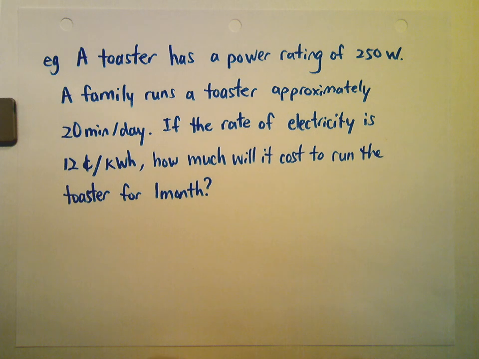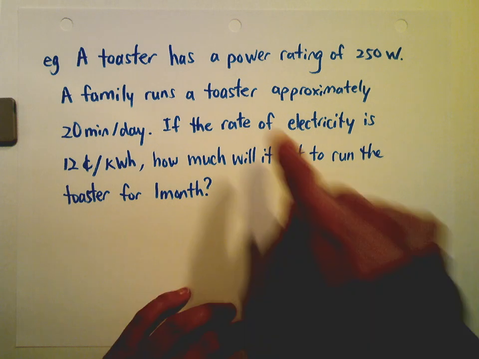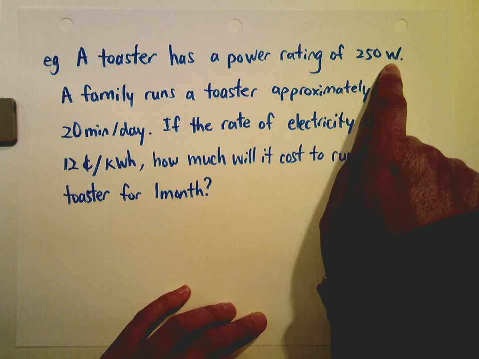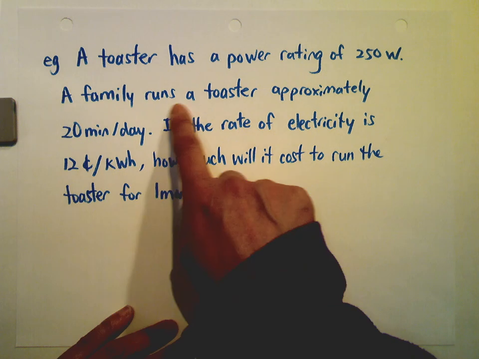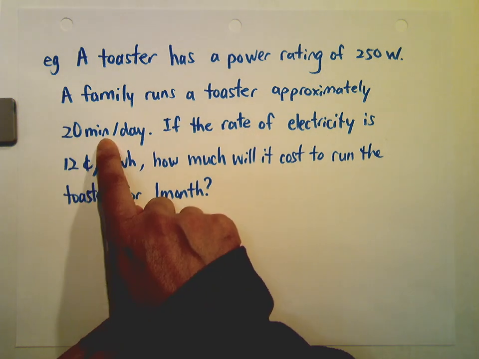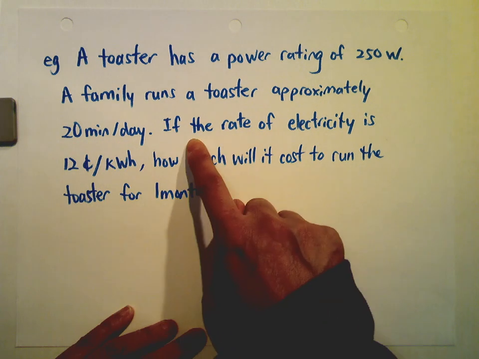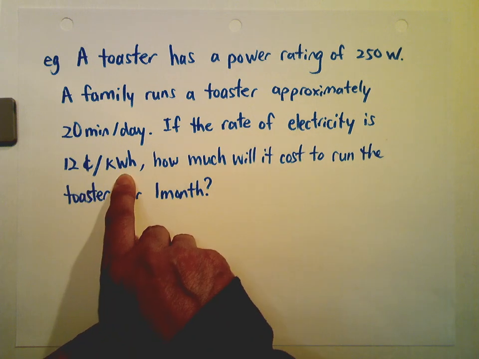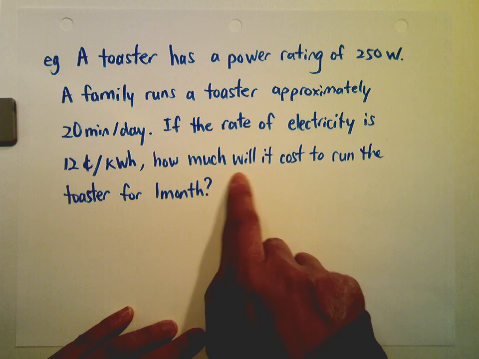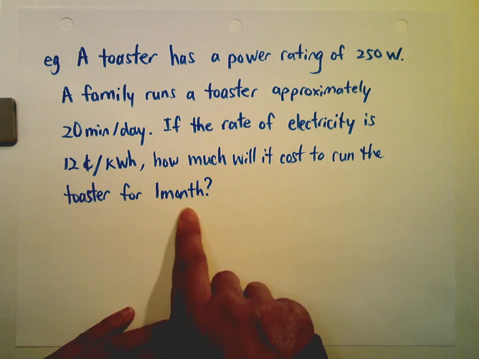All right, so here we have a toaster that has a power rating of 250 watts. So that's the power of the toaster. A family runs the toaster approximately 20 minutes per day, and if the rate of electricity is 12 cents a kilowatt hour, which is actually quite cheap, by the way, how much will it cost to run the toaster for 1 month?